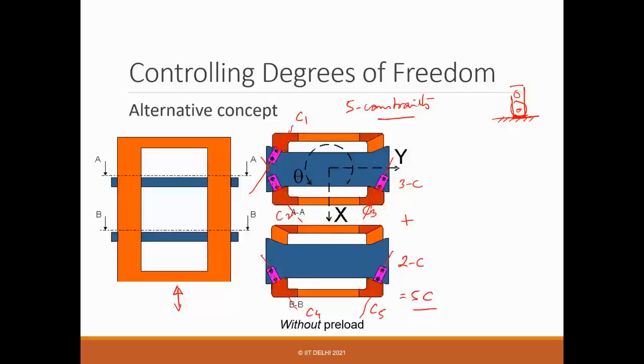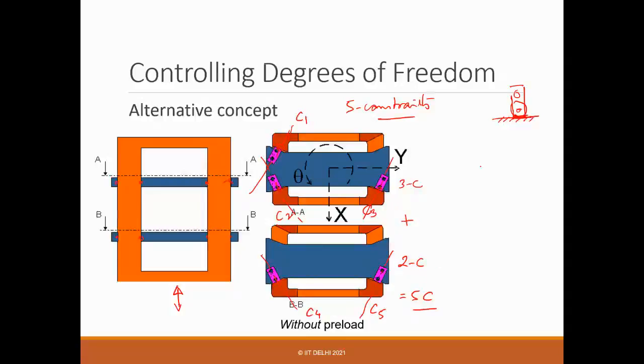Same with X and Y, which are also constrained in a plane with the 3. At the bottom also you have constraints here. I'm just making it red, but there are only 3 contacts at the top. At the bottom you have 2.